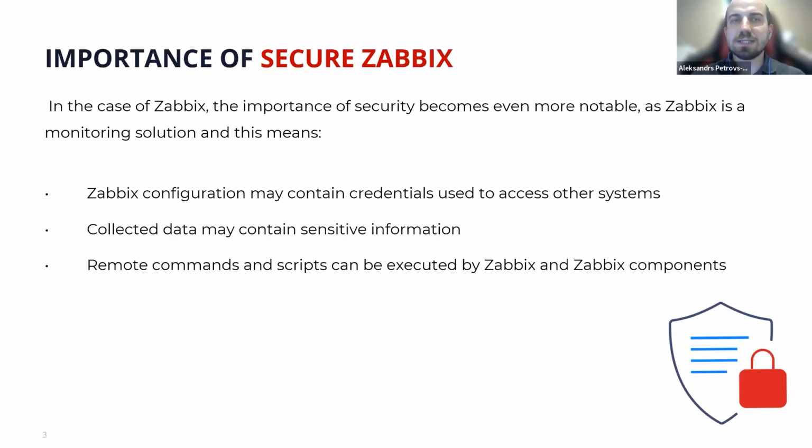And with Zabbix, it's even more important because, again, we monitor with Zabbix, we collect data with Zabbix. We keep the information about what kind of performance issues we have. We have the information about what kind of problems we have.